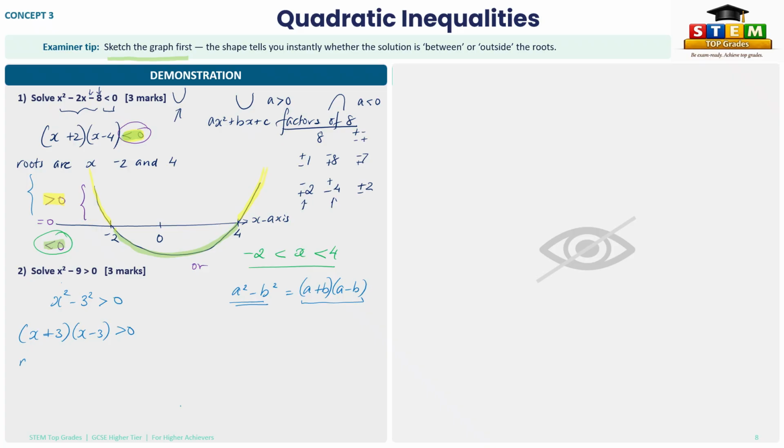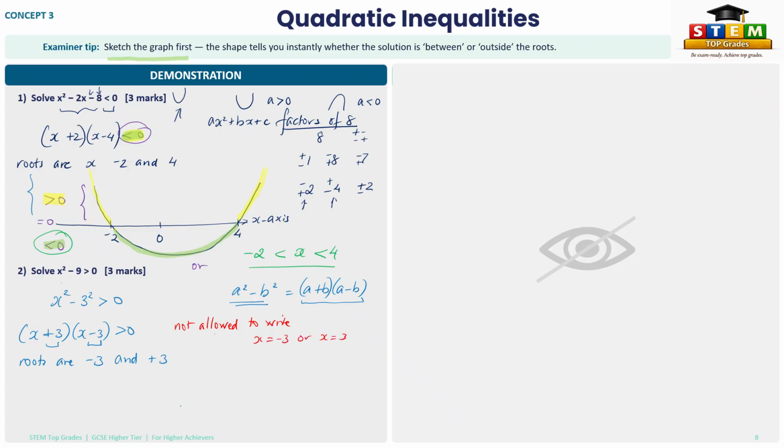We're going to sketch the graph, but we need to know what the critical values or the roots are. So we invert the sign, and the roots are -3 and plus 3. Now, a word of caution: you are not allowed to write x equals -3 or x equals 3.